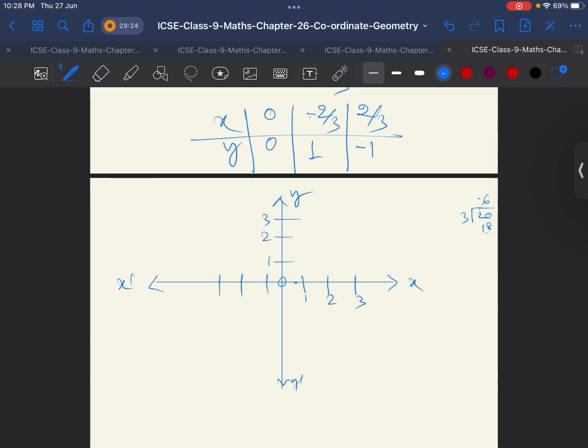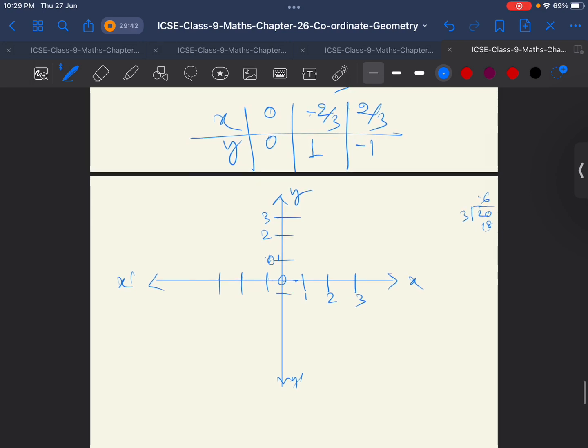Okay, this is the point. So the point (0, 0) is here, and (minus 2 by 3, 1) will be here, and (2 by 3, minus 1) is here. So now we draw a straight line. So this is the straight line.